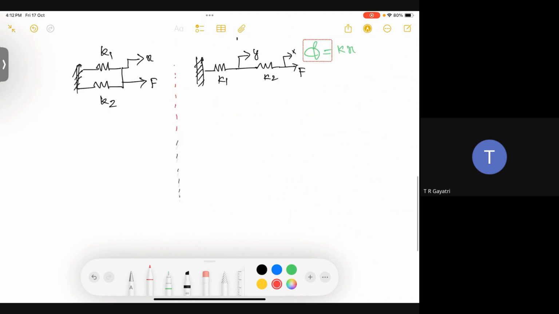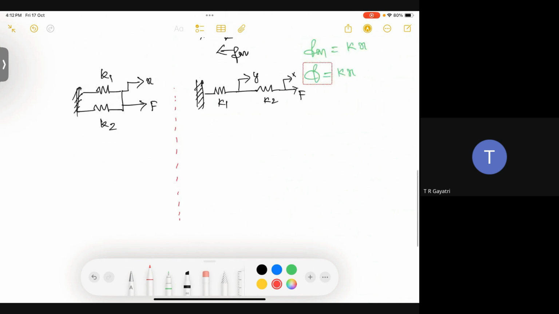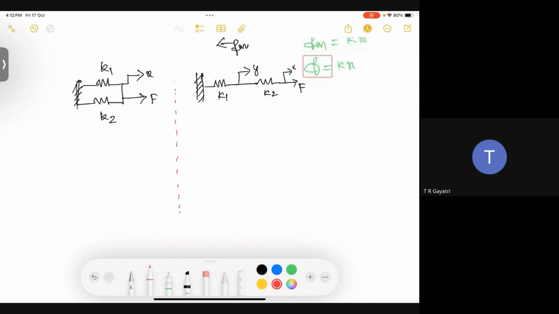First of all, here the displacement is the same. So the same force will be applied to both the springs, right? So first, force Fm1 will be proportional to x. Fm2, corresponding to K2, will also be proportional to x.